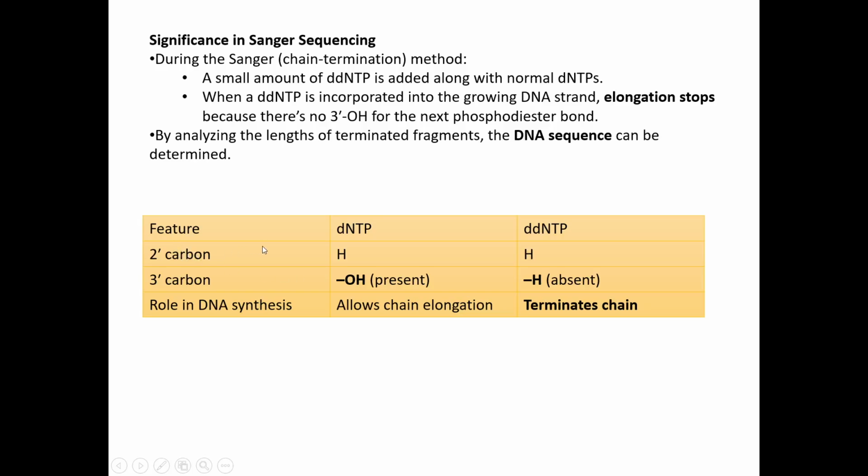That is, this is your dNTP, this is your ddNTP. So if you add a dNTP, the chain elongates. If you add a ddNTP, the chain terminates. This is during the DNA synthesis. So this was how ddNTP was used to determine the sequence of the DNA in the Sanger sequencing method.